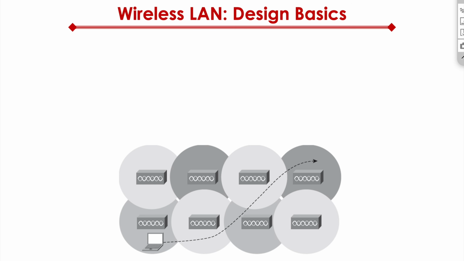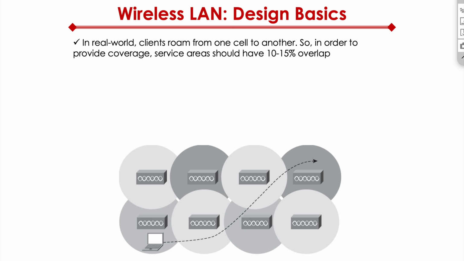A couple of other elements I want you to keep in mind. In the real world, clients roam from one cell to another. So in order to provide coverage, service areas should have 15% overlap. Let me quickly explain. As you can see, these are all different access points, right? This is an access point, this is an access point here, and so on.